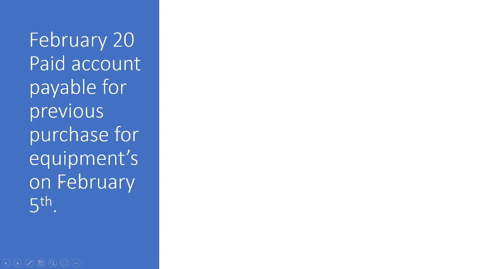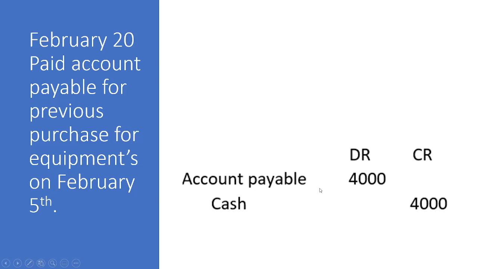So we already paid 2,000, so the remaining is 4,000. So we will debit accounts payable for 4,000 and we will credit 4,000 to cash. So as you can see here, it's accounts payable 4,000 and cash 4,000 credit.